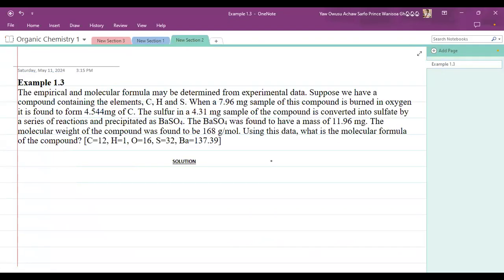So this is our question, and our answer is: the compound contains C, H, and S, this is our preamble.